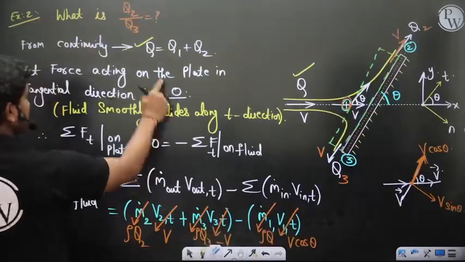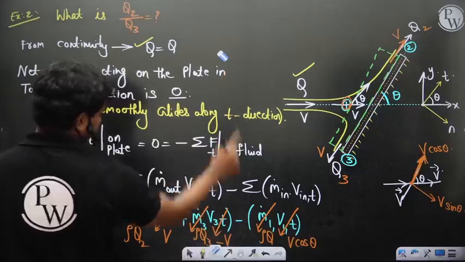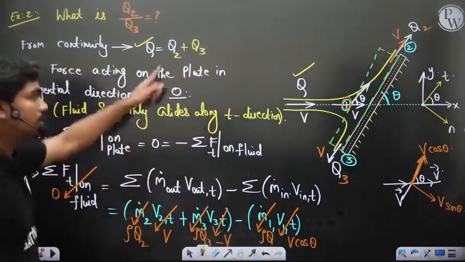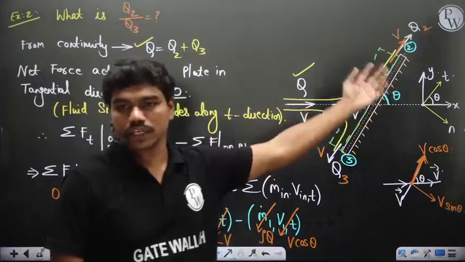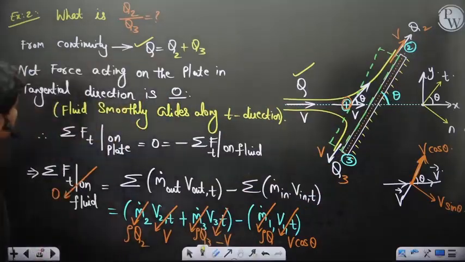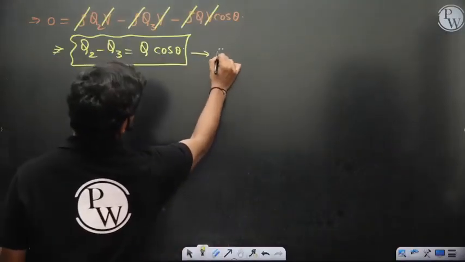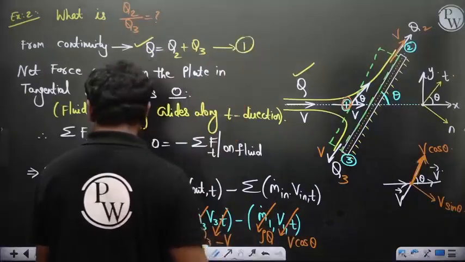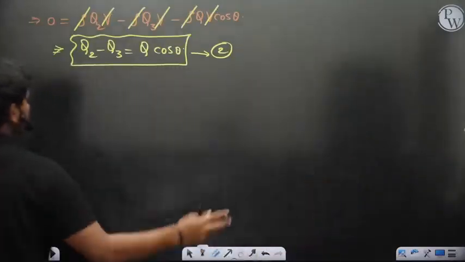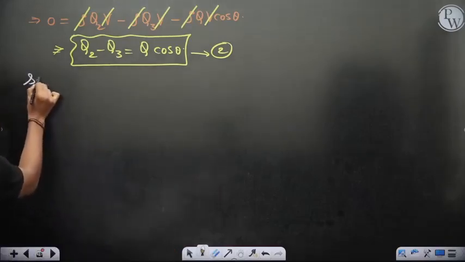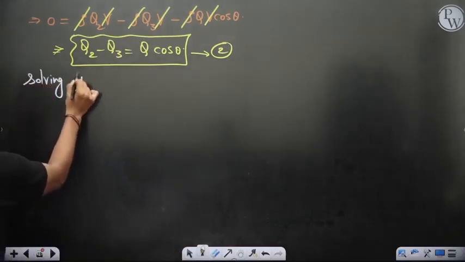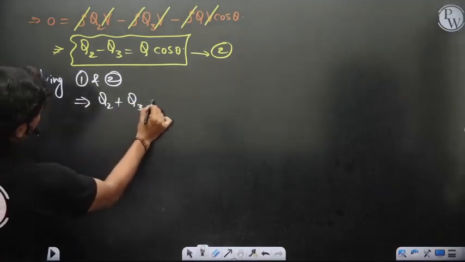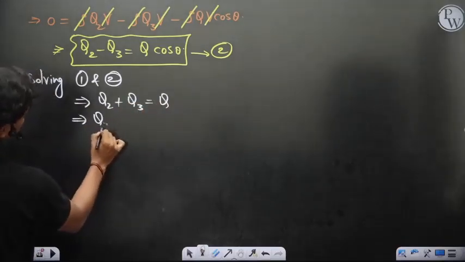And from mass conservation we have one more equation: q2 plus q3, because we have denoted the discharges at sections 2 and 3 as q2 and q3. This is the mass conservation. So this is the second equation, and ये है हमारा पहला equation. 2 equations, 2 unknowns, solve करेंगे, बस हो जाएगा. Solving 1 and 2, q2 plus q3 is equal to q. Basic stuff, you all can do this.